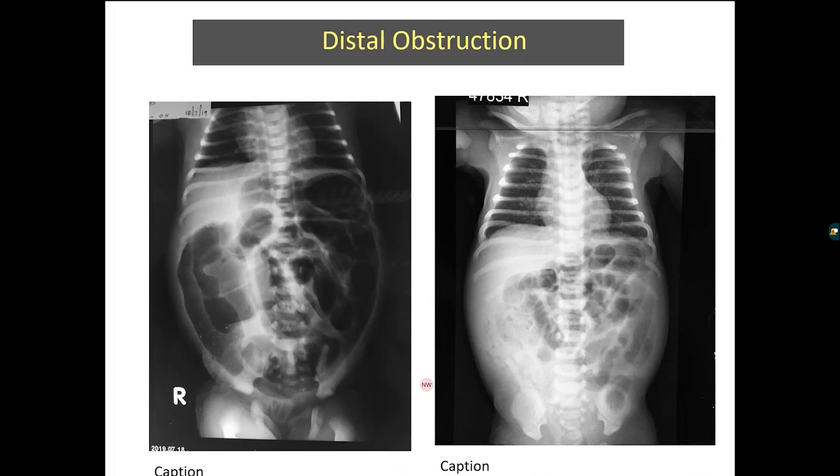Those two features are pathognomonic of intestinal obstruction. Then further information such as the length of dilated bowel will give you an indication as to whether this is a proximal bowel obstruction or a distal bowel obstruction. So that is the second question that we need to answer.